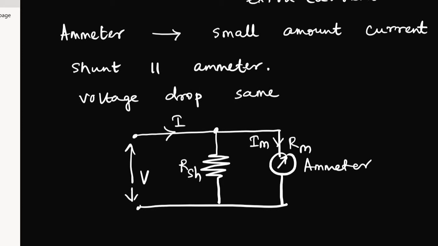As the current is getting divided at two points, this should be ISH in the ideal condition. Let's think that there is no leakage of current anywhere in the circuit. Then how are we going to decide how much current will be ISH? For calculating that, as V is the same, we know V equals IR.